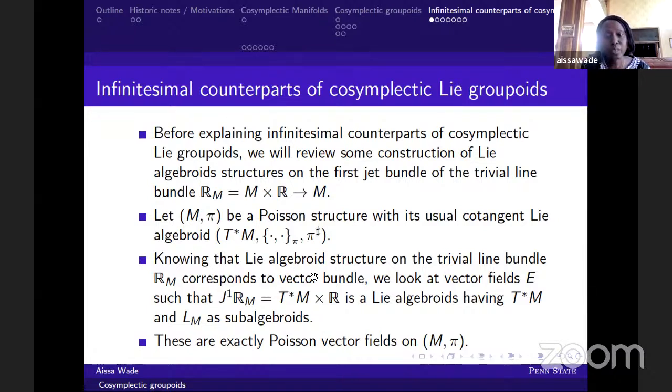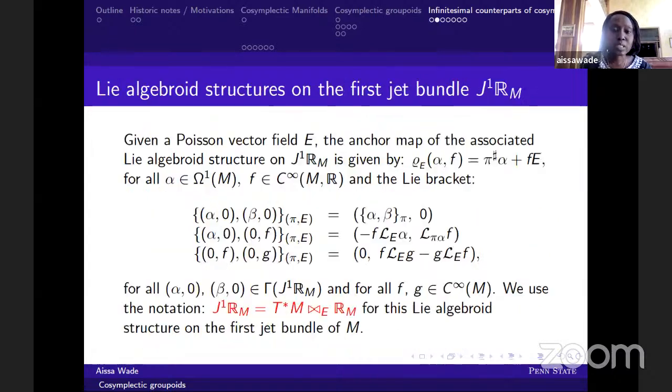Also, if we take the trivial line bundle and I want Lie algebroid structures compatible with the cotangent Lie algebroid, I need to take vector fields that are Poisson vector fields. So if I start with a Poisson vector field, then I can get a Lie algebroid structure on the first jet bundle, which is defined this way.